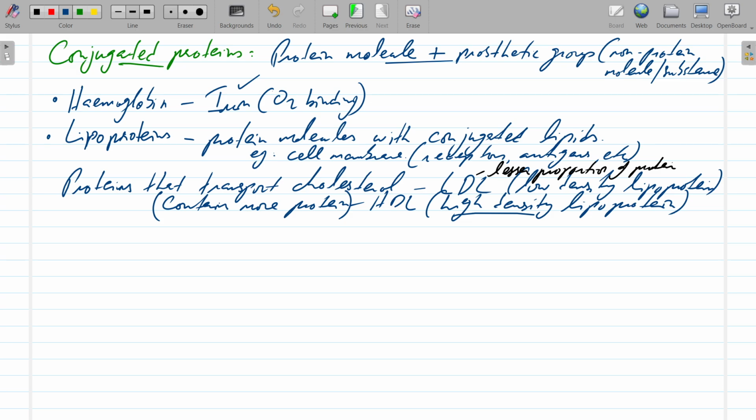And then you've got glycoproteins. As the name suggests, you've got a prosthetic group attached to the protein, which is a carbohydrate.